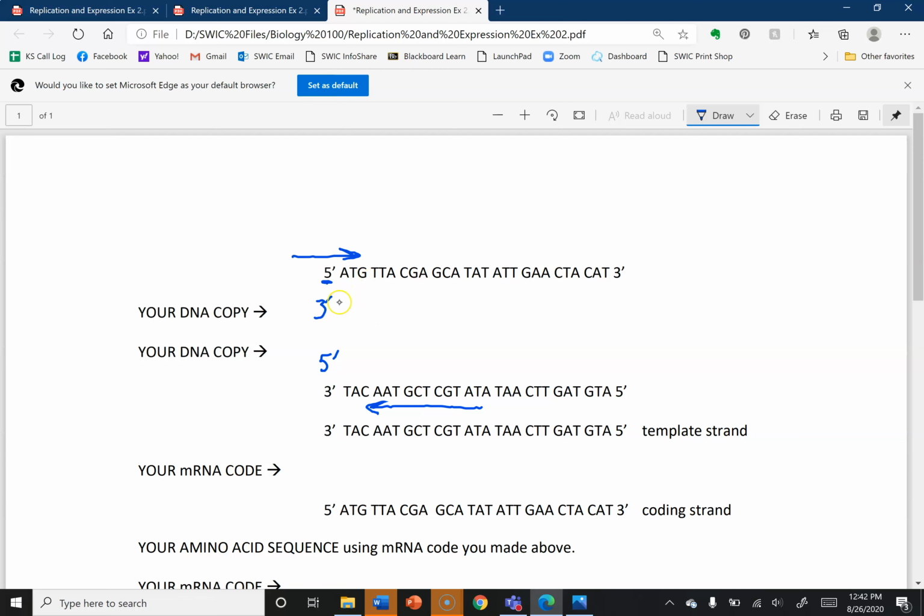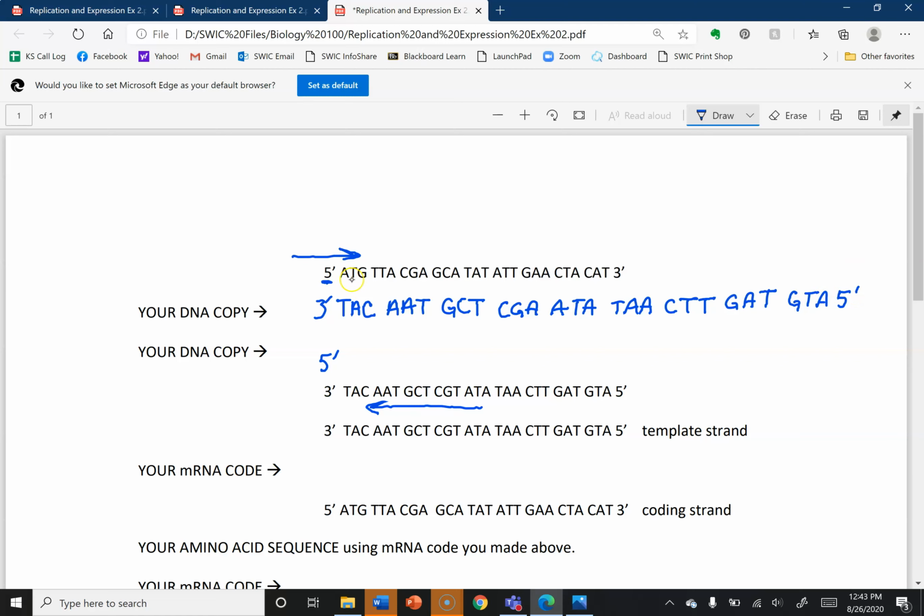On this top strand, our first base is going to be an A paired with a T, paired with an A, G paired with a C. Now I'm just going to continue: G, C, T, C, G, A, T, A, T, A, C, T, T, G, A, T, G, T, A. And now we're going to add that 5' on the end.